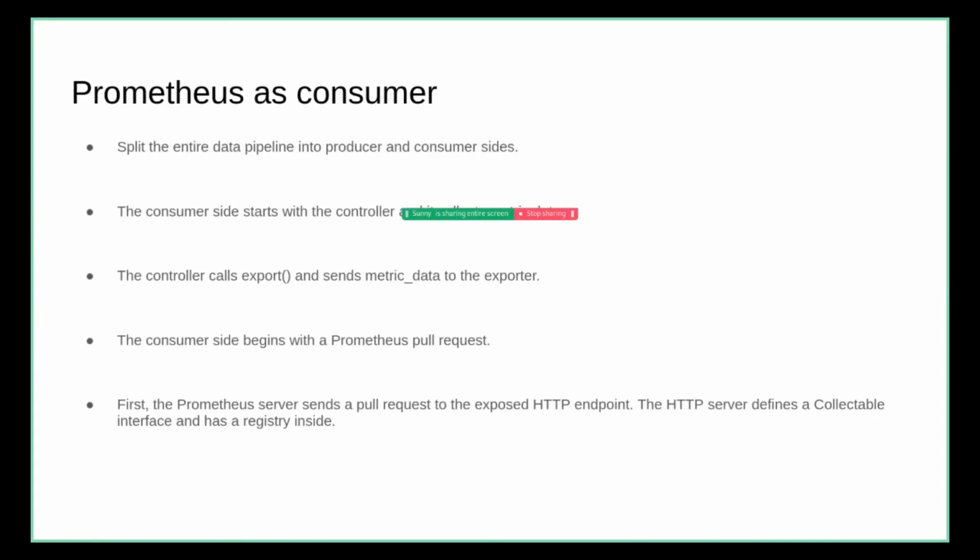So in this experiment, as we can see, this complete data pipeline is divided into two parts: one is the producer and the other is the consumer side.